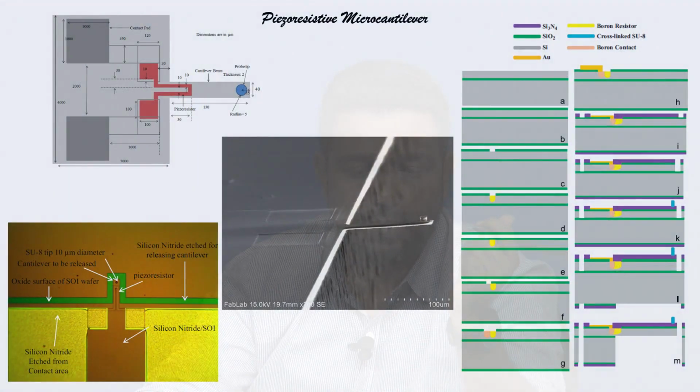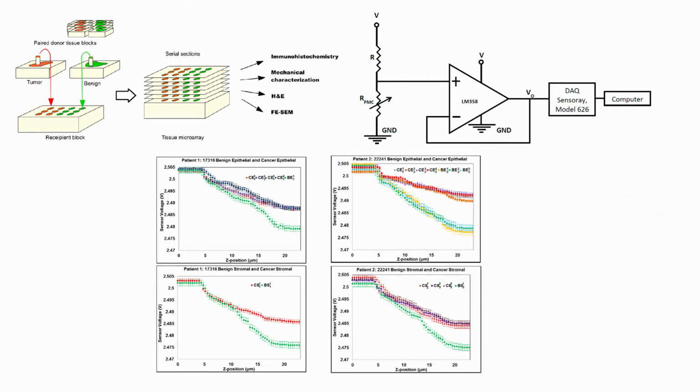So, if you quickly see what we have discussed in last class, you will see on the slide, that will be our piezoresistive microcantilever. We have seen the process flow of how we can design this particular microcantilever, and then we have seen how we can use this microcantilever, and we have also seen the results, right.